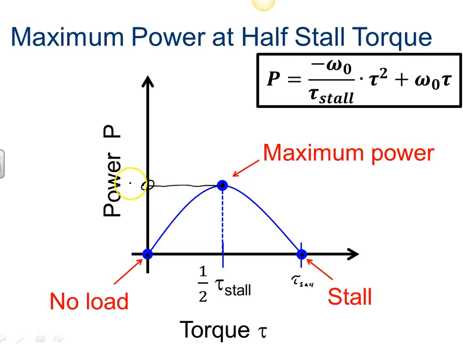So this would be P max. If we want to maximize power, knowing the stall torque is rather important, because 1/2 of that value is going to give us the maximum power for our motor.